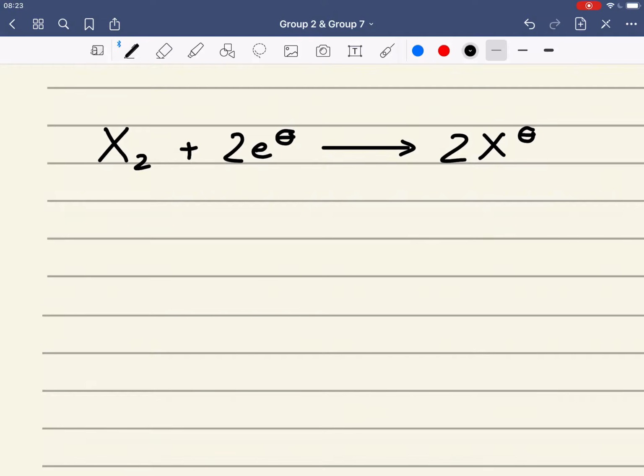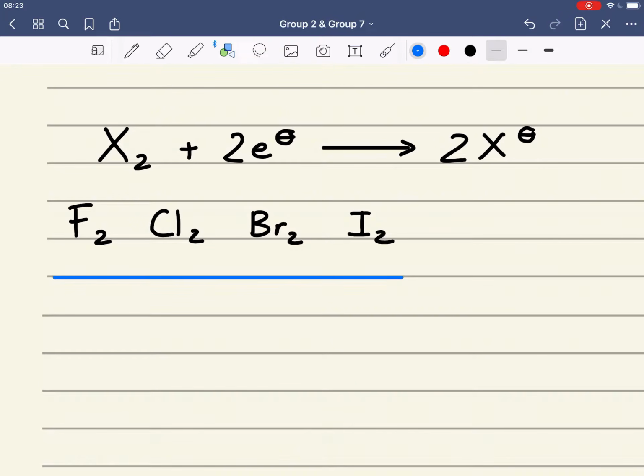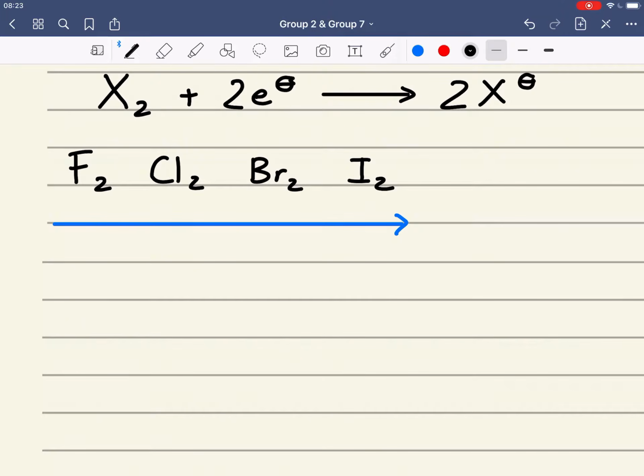Now, the trend in oxidising ability of these halogens is something that you need to be aware of. And the ability to act as an oxidising agent decreases as you go down group 7. So we say oxidising ability decreases.